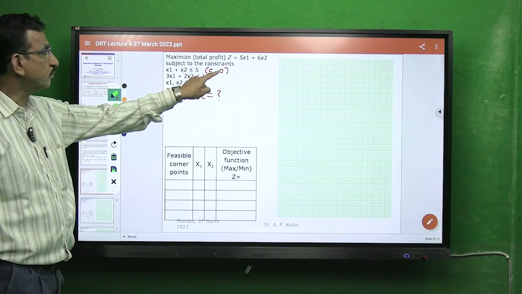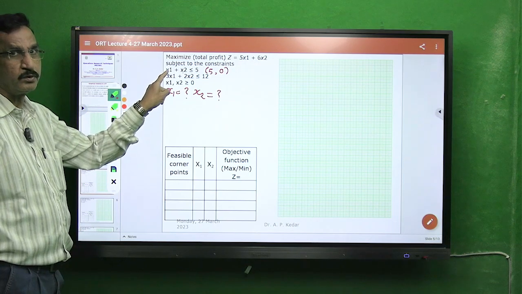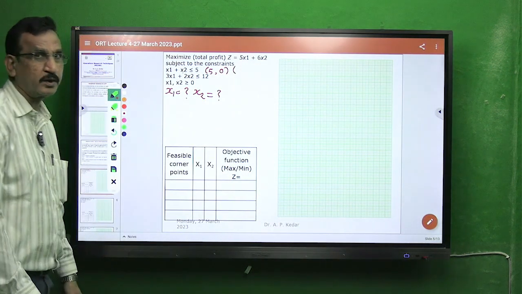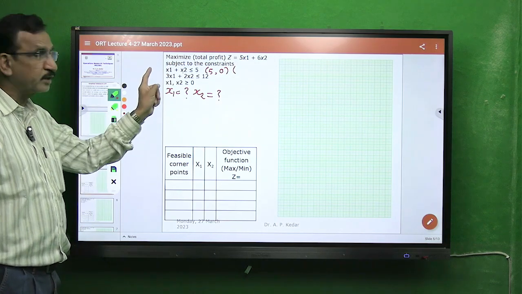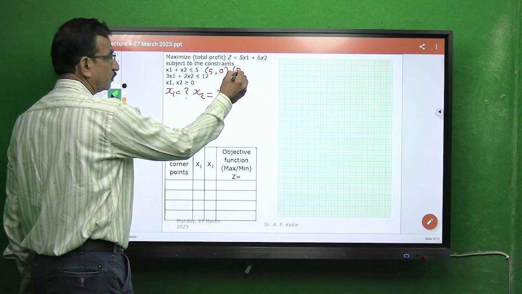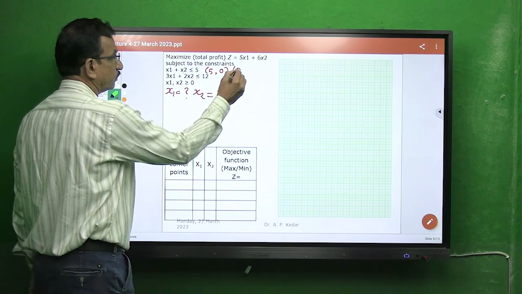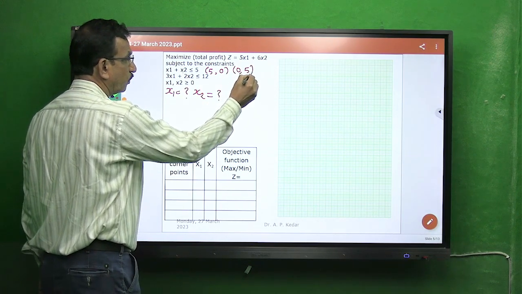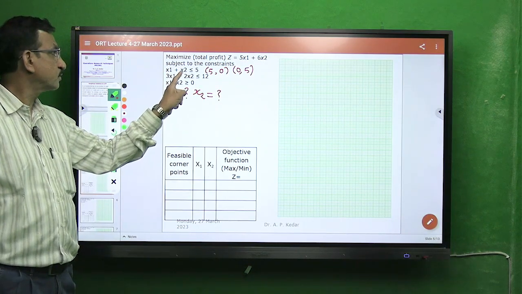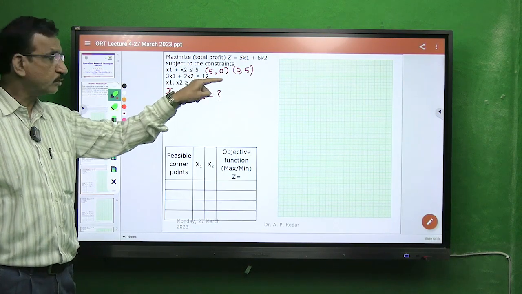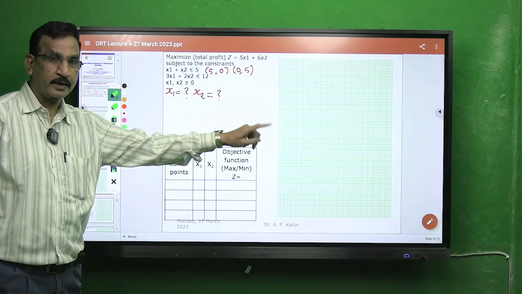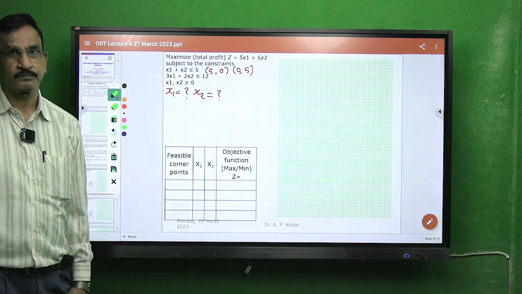If you put x2 equal to 0, you get x1 equal to 5. So the first coordinate is 5, 0. Similarly, for the other coordinate, put x1 equal to 0. Now reverse, put x1 equal to 0, and you get x2 equal to 5. This means I can draw this line x1 plus x2 less than or equal to 5 with coordinates 5, 0 and 0, 5 on the graph paper, and I can draw this straight line.